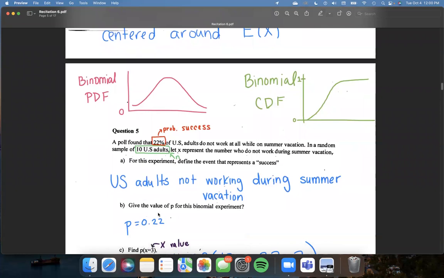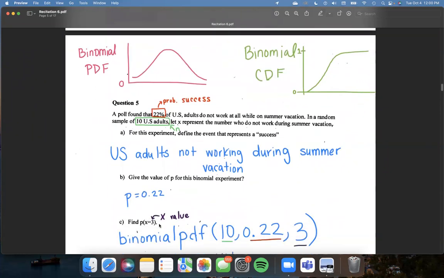We can do that in our calculator by going to your distribution function and choosing binomial PDF. Here it will have you put in your n, your sample number. In this situation, that's 10.